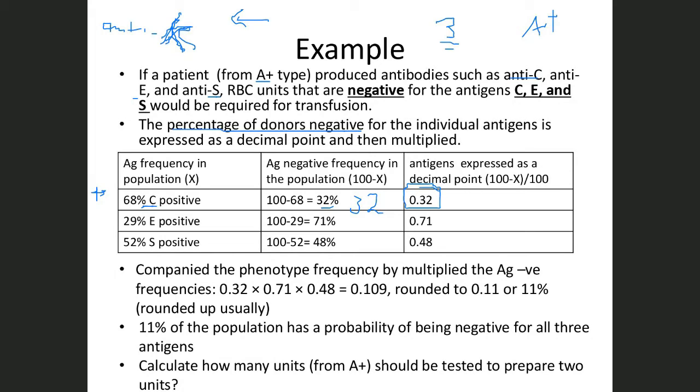Then divide by 100 to get the frequency. Now let's see how many people lack E. I know that around 29 percent have E, so how many don't have E? Around 71. So multiply, divided by 100, and I get this percent. No, Latifa, we're talking about antigen.